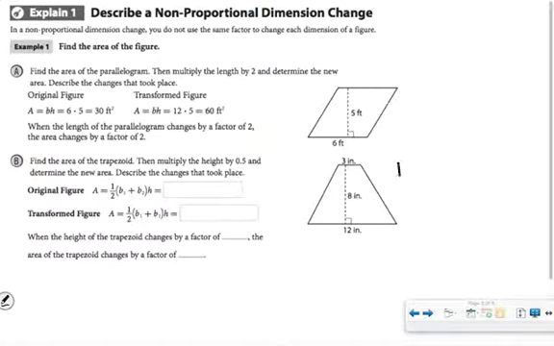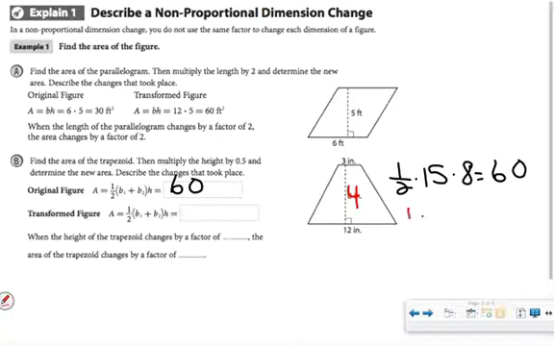So in the original figure, when I find the area of this trapezoid, it's going to be 1/2 times, let's do it off to the side, base 1 plus base 2 is 15, and the height is 8. And so that gives me 60. In the second transformed figure, let me write this in here, 60. Now it says, let's multiply the height by 0.5. So now in my transformed figure, I'm just going to write a 4 here, because that's going to be my new height.